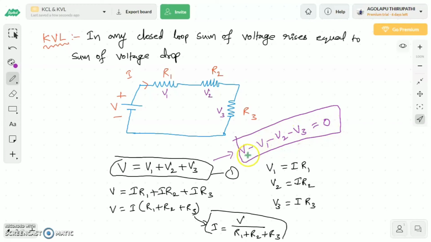So here what are the voltage rises? V is the voltage rise and the remaining 3 are the voltage drops. Okay. So already I explained in Kirchhoff current law, while taking algebraic sum, consider one as positive, another one as negative. So here I consider voltage rise as positive and voltage drops as negative, right? So this is the definition in other words.